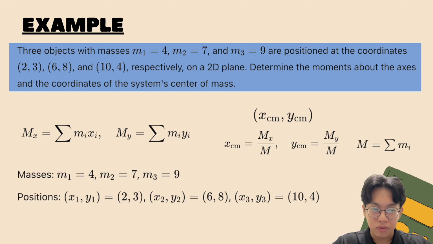We have three objects with the following masses: m1 equals 4, m2 equals 7, and m3 equals 9. Their positions on a two-dimensional plane are given as (x1, y1) equals (2, 3), (x2, y2) equals (6, 8), and (x3, y3) equals (10, 4).